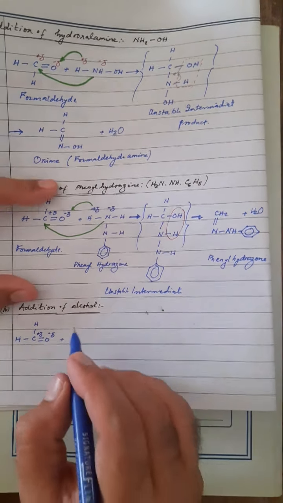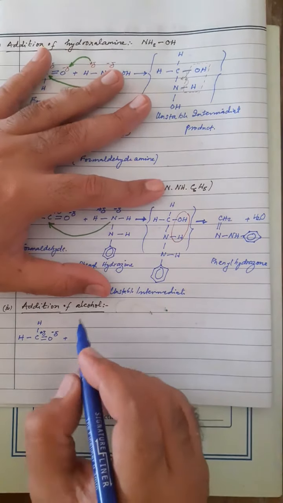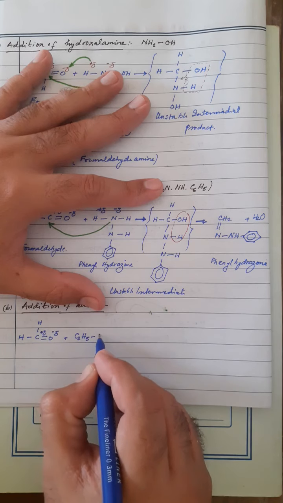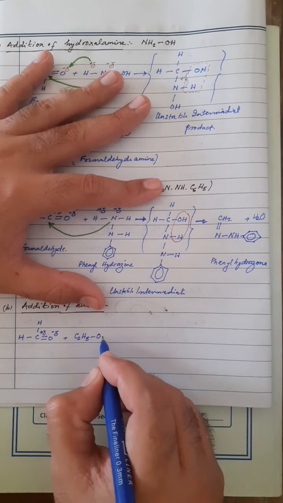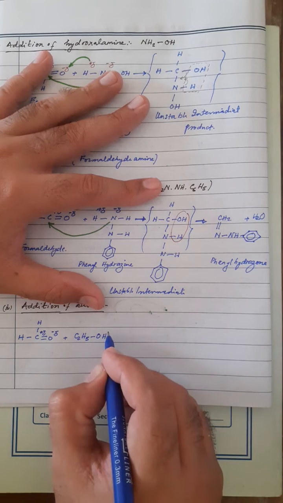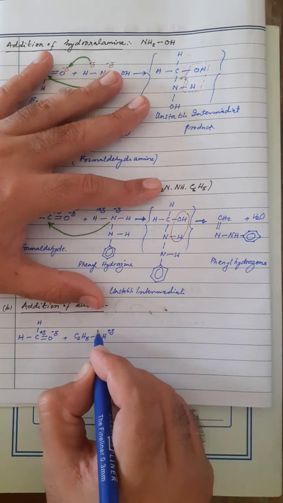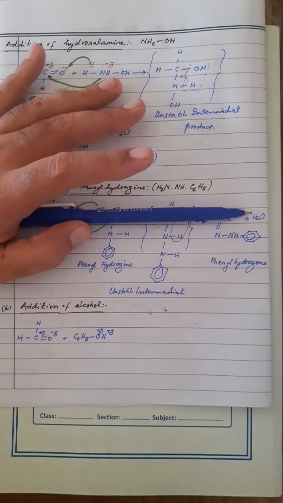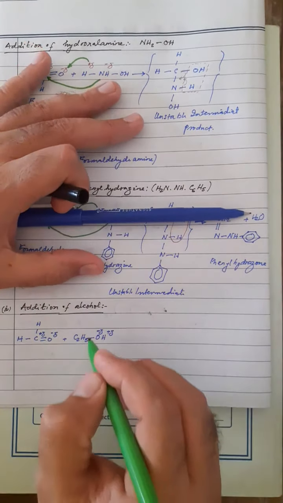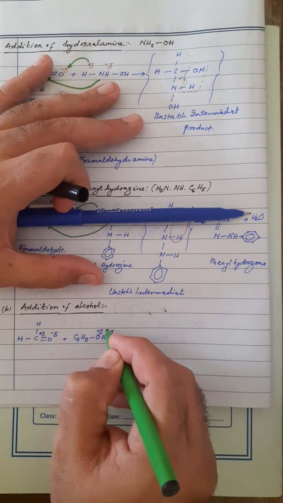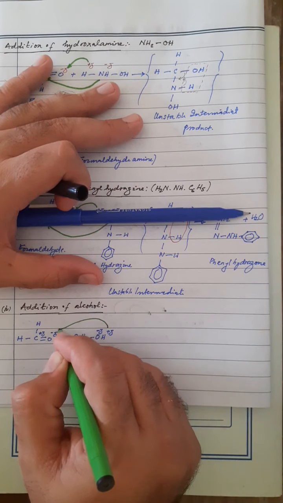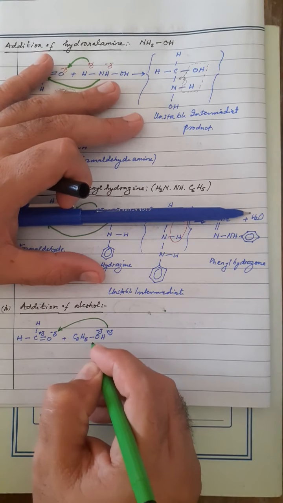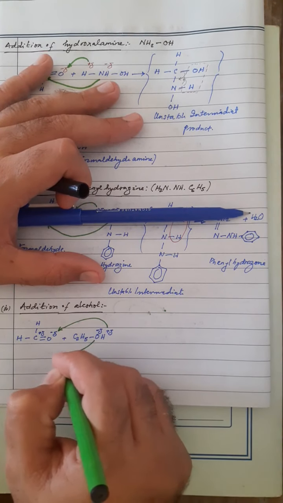Alcohol is ROH, and when we say alcohol, we mean ethyl alcohol, C2H5O and H. H is partial positive, O is partial negative. So what is going to happen? Where will the hydrogen go? The positive hydrogen will attack on the negative oxygen, and the oxygen will bond with the carbon.